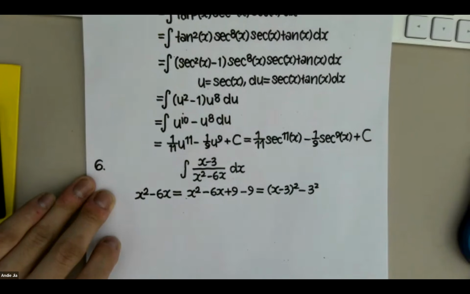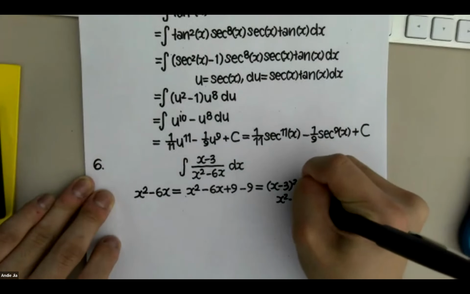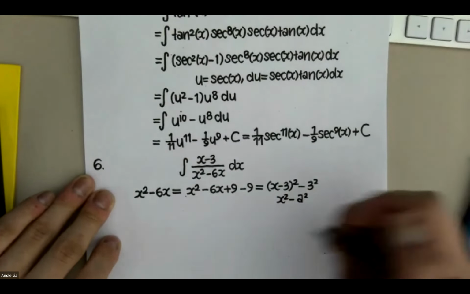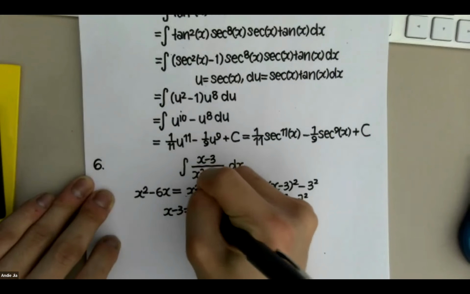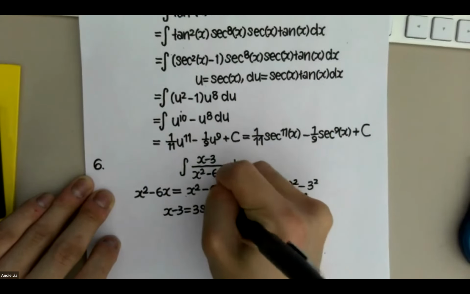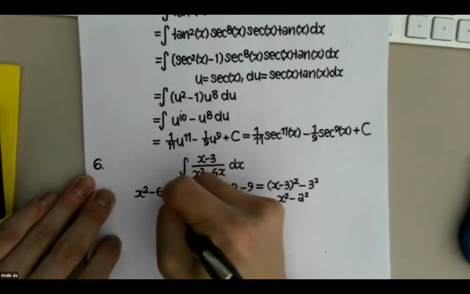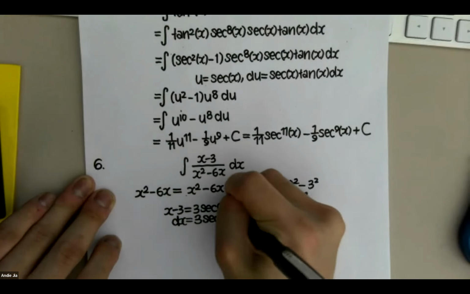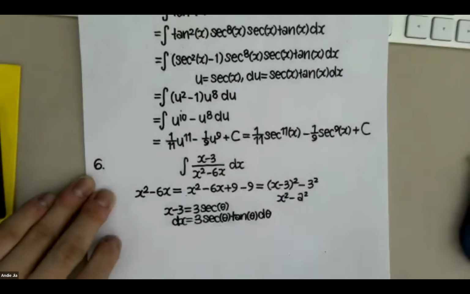So this is x squared minus a squared. In this case, we sub x minus 3 equals 3 secant of theta, and then dx is 3 secant theta tangent theta dθ.